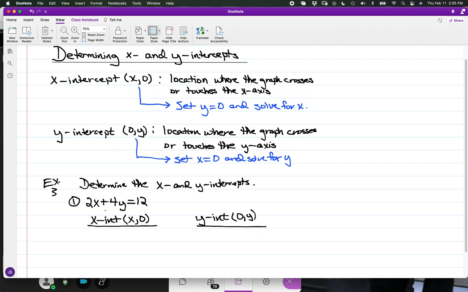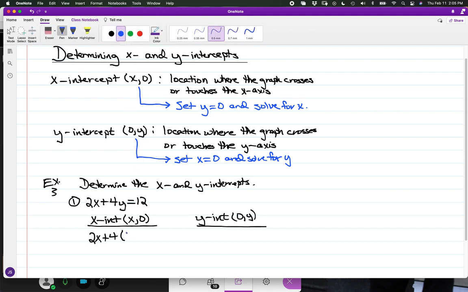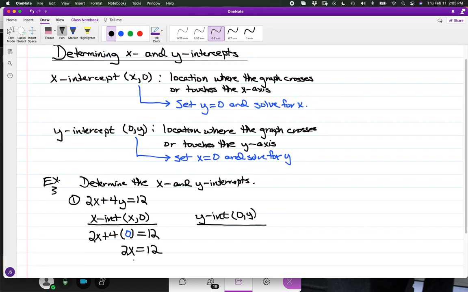So for each x-intercept you set y to 0 and solve for x: 2 times x plus 4 times 0, equal to 12. Since 4 times 0 is 0, we have 2x equal to 12, and with division by 2 we come out to x equal to 6.